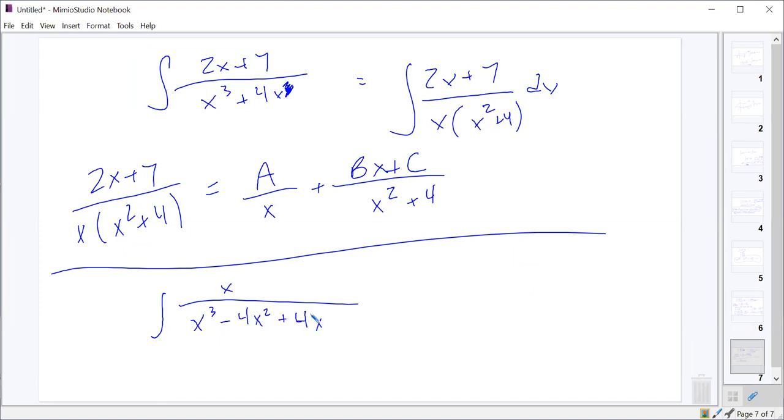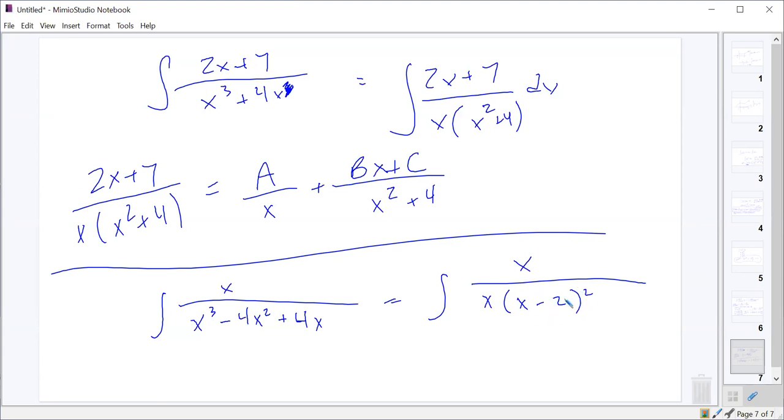As we go through and factor this out, we'd end up with the integral of x over x times (x squared - 4x + 4), which would be (x - 2) squared. And so this time we have a repeated linear factor.